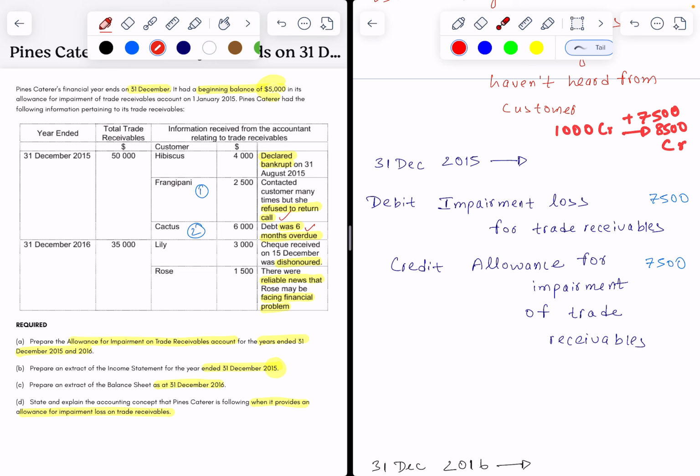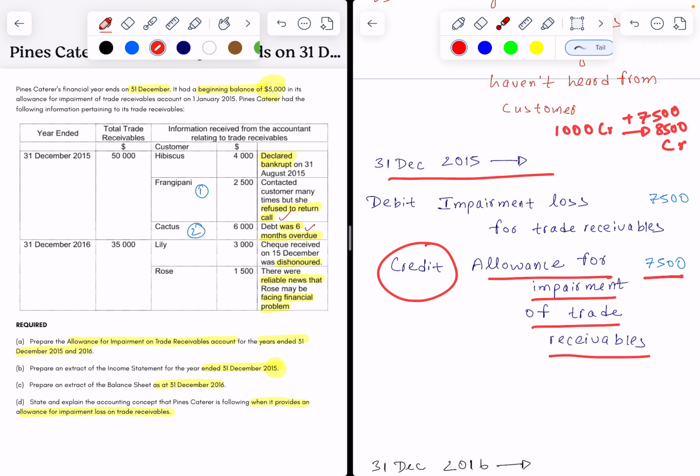If I want to journalize this, obviously our allowance account, a contra asset account, is going up in value. Therefore, we are crediting the allowance for impairment of trade receivables account by $7,500 to reflect that increase.